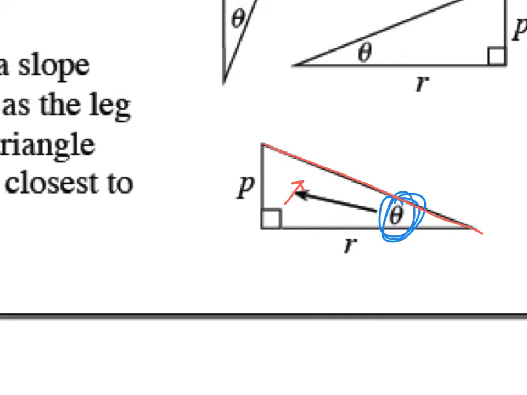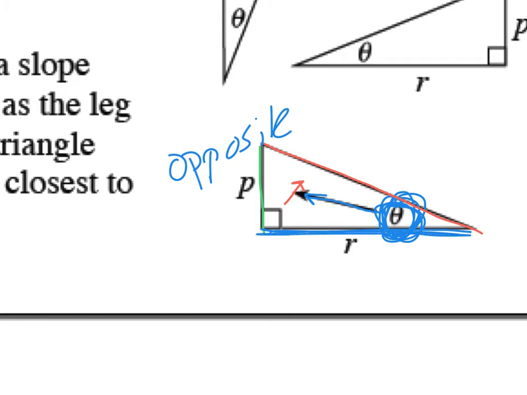So that gives us 2 other legs that we want to determine. The side length that is across from the angle you're looking at, that is not the hypotenuse, is referred to as the opposite leg. And the side length that is immediately next to your angle of reference that is not the hypotenuse is referred to as the adjacent leg.